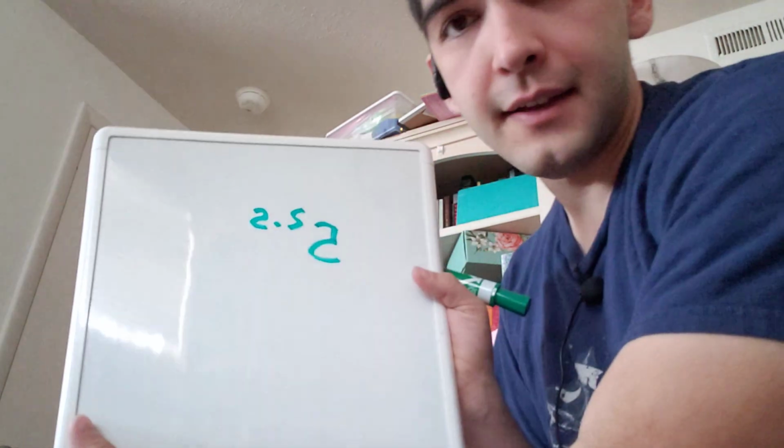Final thing, I promised we'd talk about this. How do you multiply by like a fraction? Or how do you do an exponent to a fraction? So let's say you want to do 5 raised to the 2.5, like that.